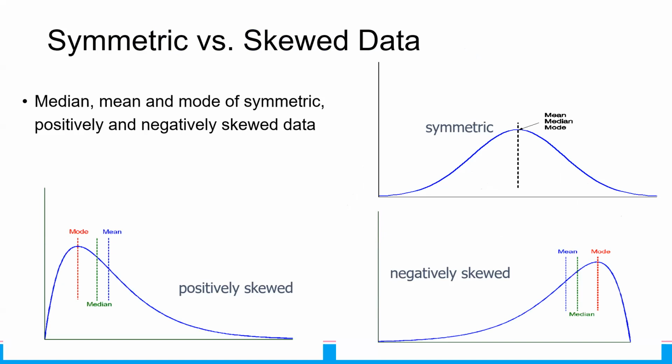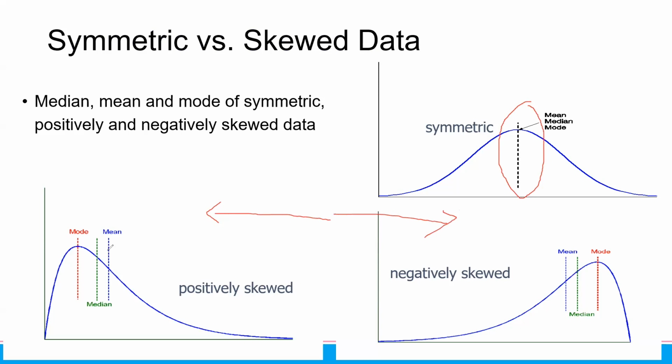If the data is symmetric, you know that the mean, median, and mode will be in the same values or almost the same values. But if it is asymmetric, we can separate into two, whether it is positive skew or negative skew.